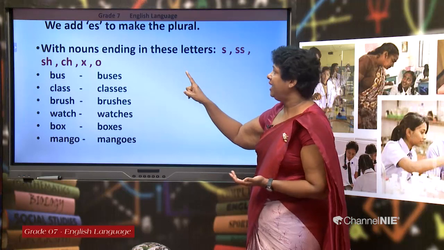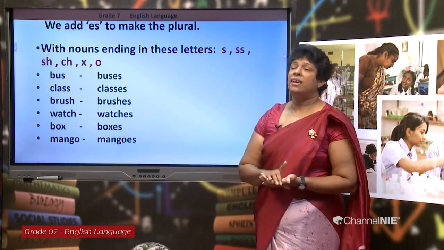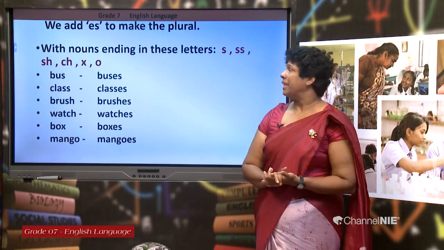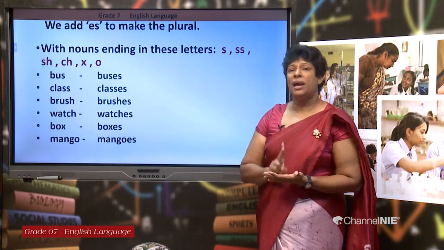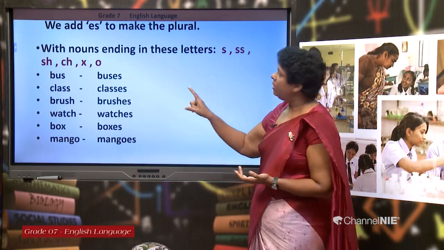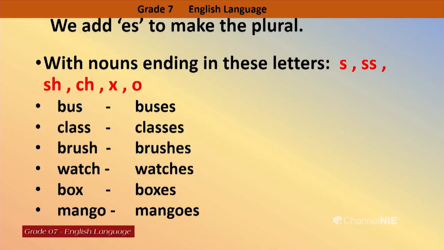We add es to make the plural. There are 2 letters that you have to add. And look at the explanation. With nouns ending in these letters, s. If you have the s at the end of the word, you have to use es.